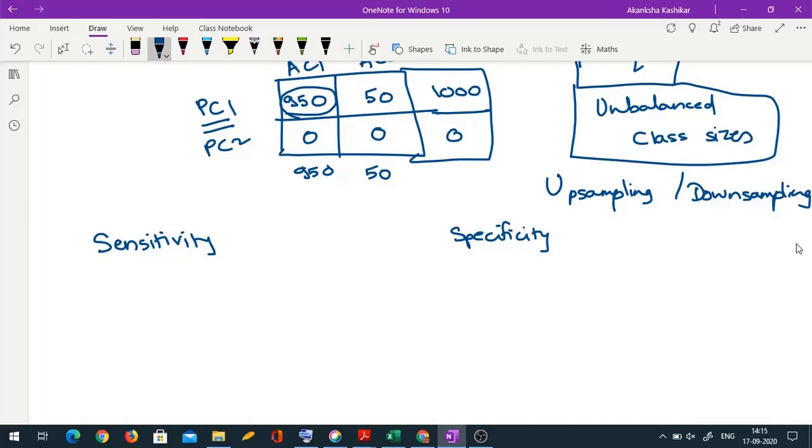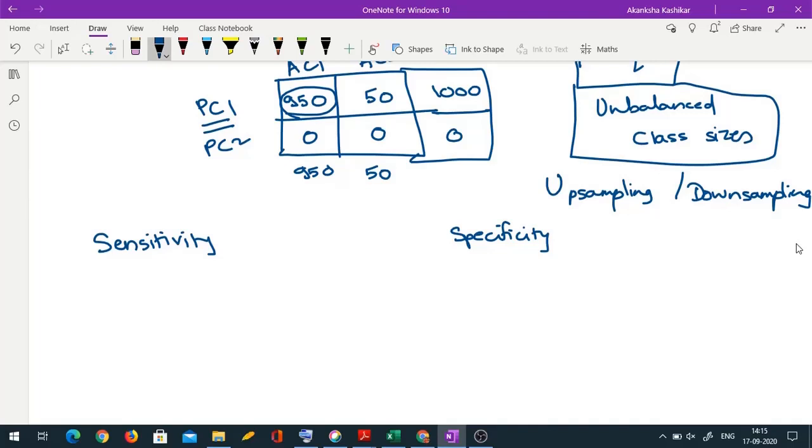Sensitivity measures how sensitive your test is. Suppose you are trying to detect a disease via a particular diagnostic test. If your test is very sensitive, then it should be able to detect even a small presence of microorganisms. That is what is known as a sensitive test. A sensitive test should give you a positive prediction even when there is a slight indication of something positive.